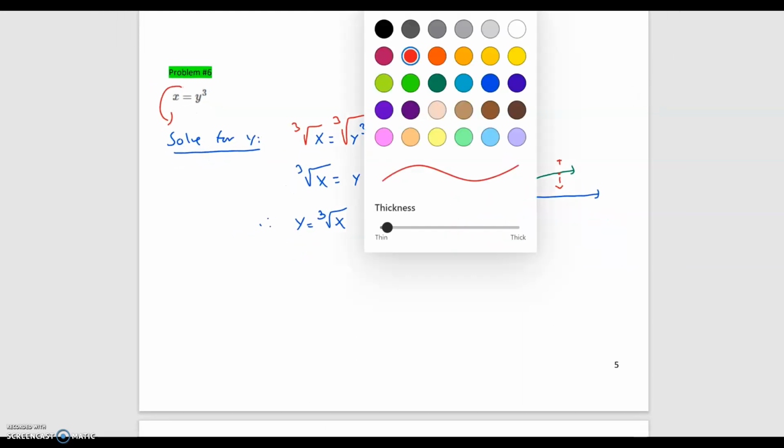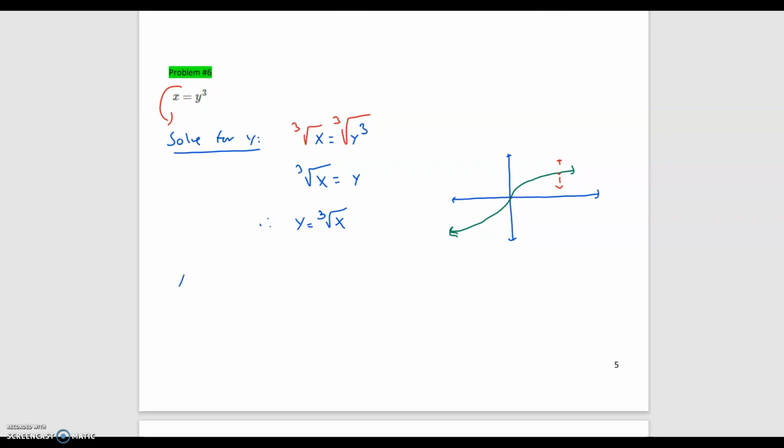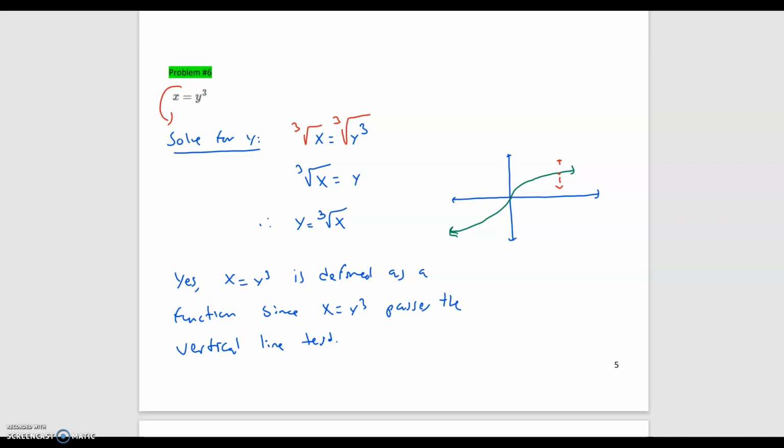So we would simply say yes, x is equal to y to the third is defined as a function since x is equal to y to the third passes the vertical line test.